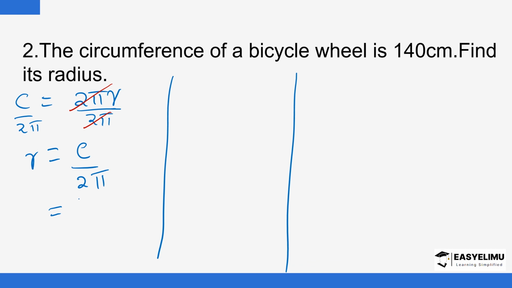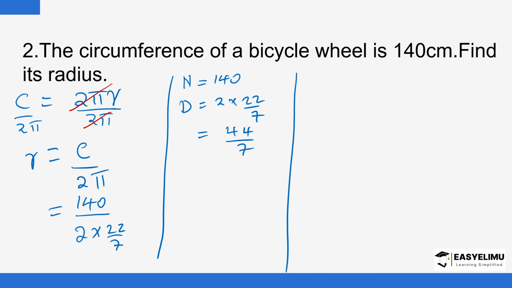So the circumference is given as 140, and we have 2 times pi, and pi is 22/7. It is more appropriate that you simplify the numerator and denominator separately. So we have our numerator as 140 and our denominator as 2 times 22/7, which is 44/7.